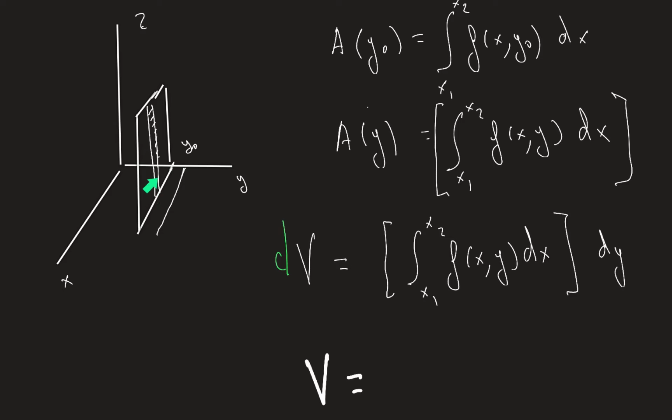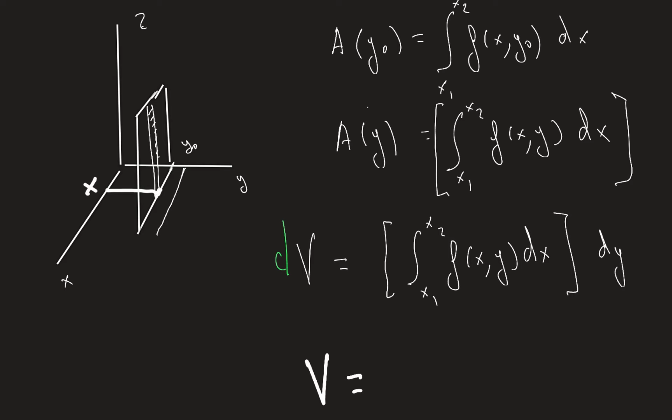So you make stripes like this, and the area will be f of x comma y0, multiplied by the width.